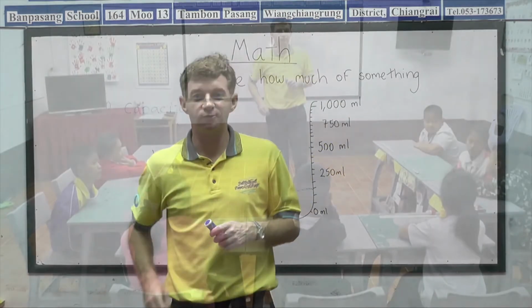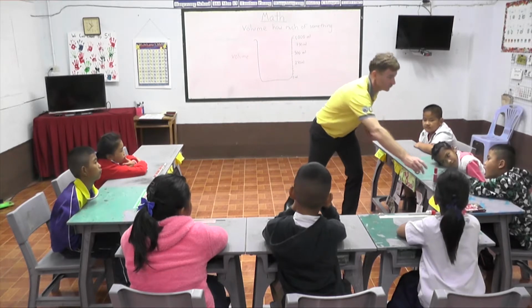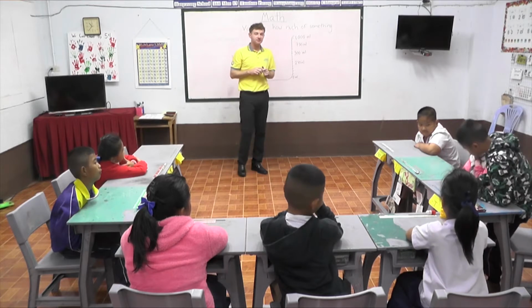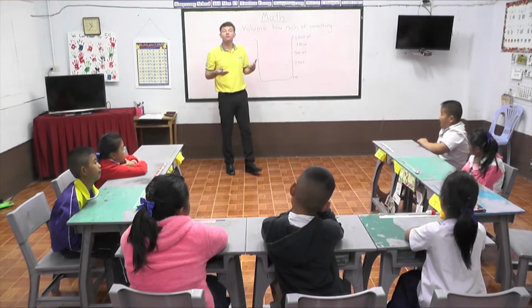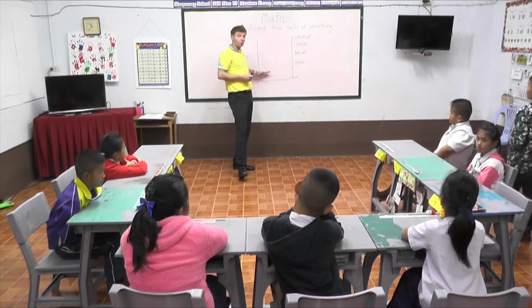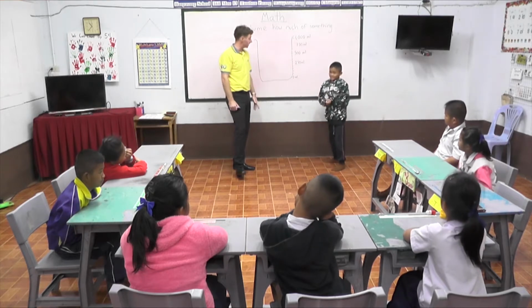Who can we choose this time? Can you come and join me at the front of class, please? So what we need to do to work out the volume is we need to look at the level of water or liquid and judge it against our measuring scale.